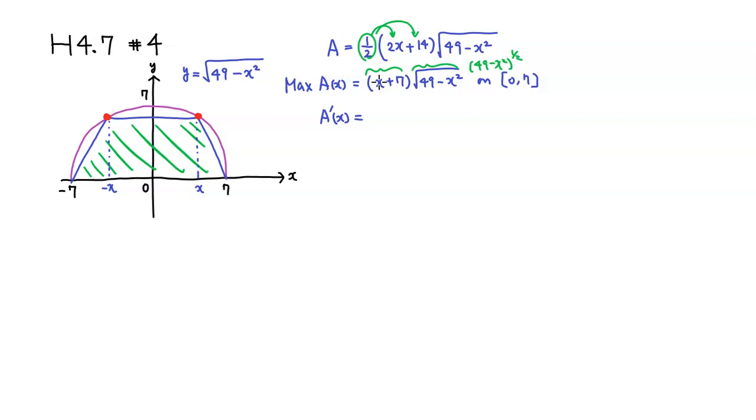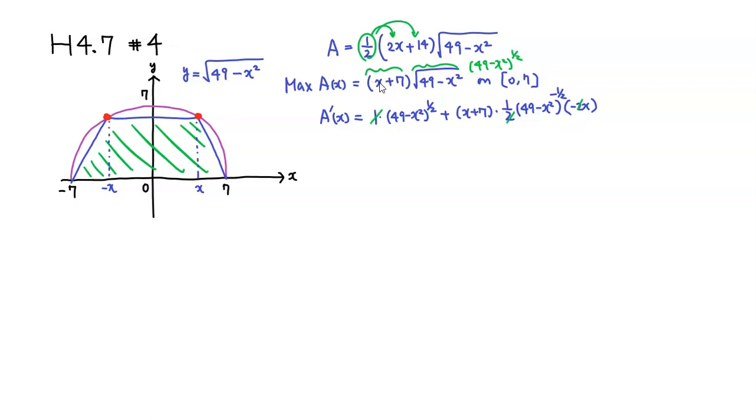The derivative of the first is 1 times the second, so 49 minus x squared to the 1/2 power, plus the first guy, x plus 7, times the derivative of the second, which is 1/2 in front, and then 49 minus x squared is unchanged. Subtract 1 from the power, so negative 1/2. Multiply by the derivative inside, which is negative 2x. So we can cancel the 2 on top and the 2 on the bottom, and the 1 really doesn't do anything.